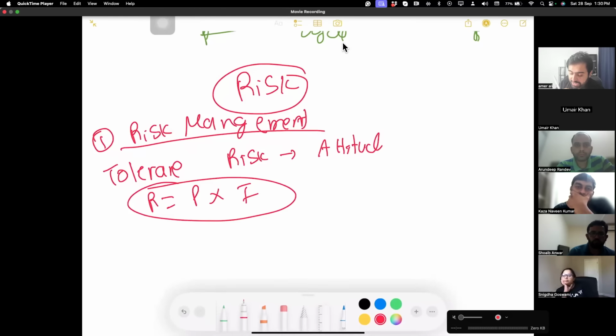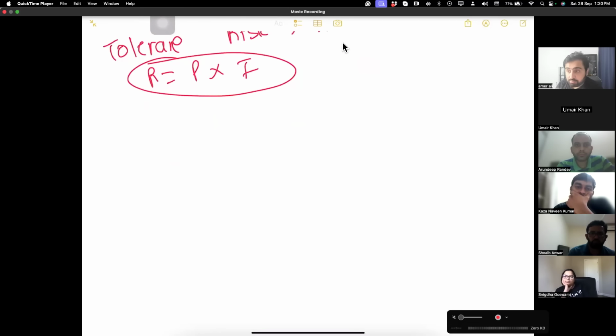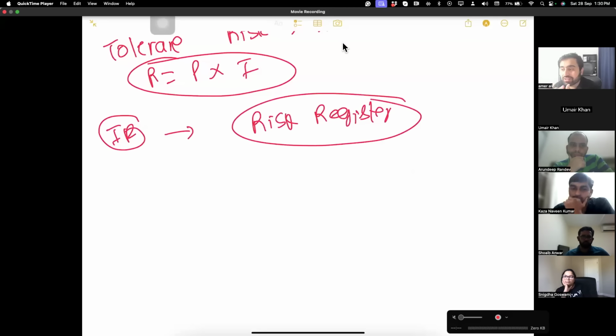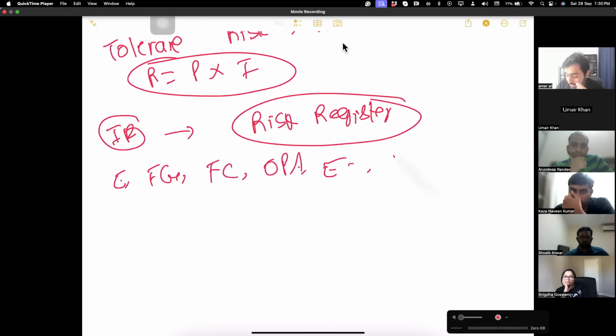Once your risk management plan is made, you identify the risks and put them into the risk register. We follow the same sequence of identifying the risk as we used for stakeholders. You talk to the experts, use focus groups, facilitated workshops, OPAs, EEFs, and look at the project documents. Here you will use the assumption log a lot.